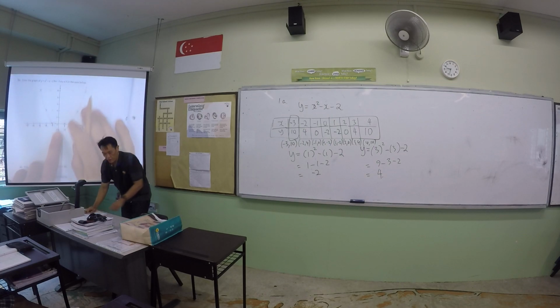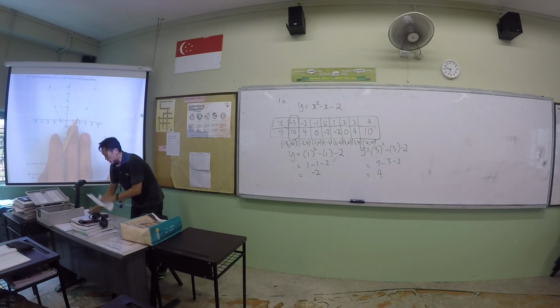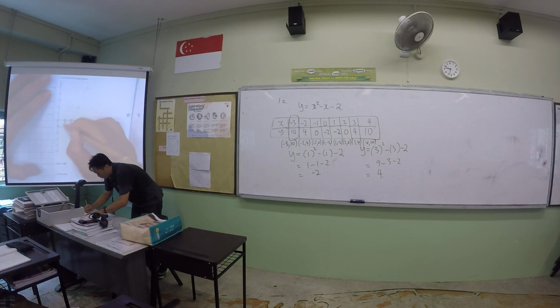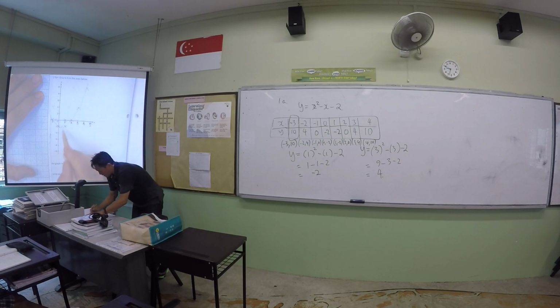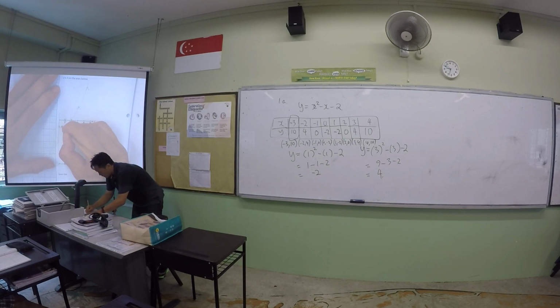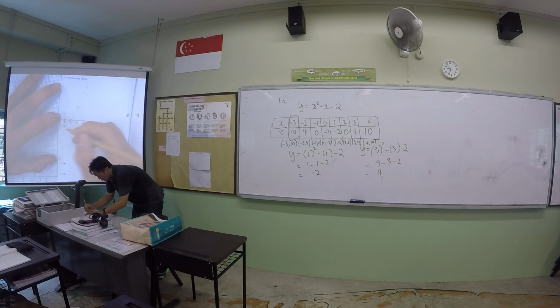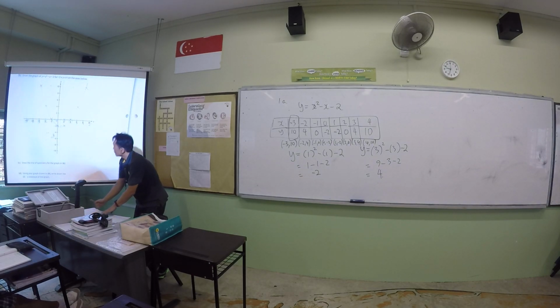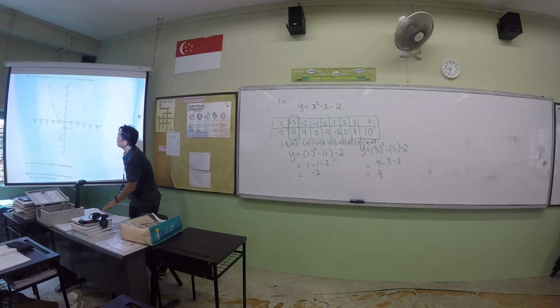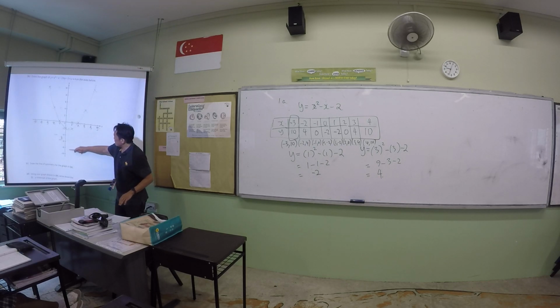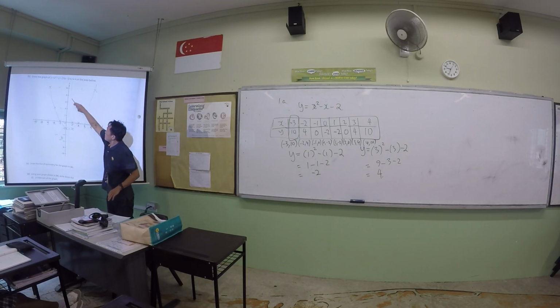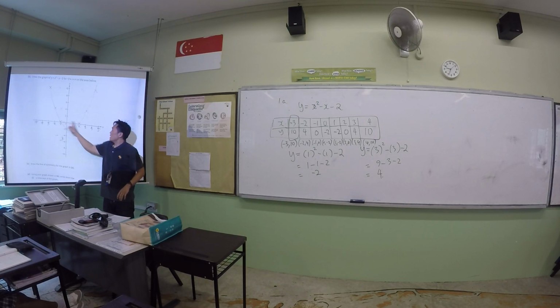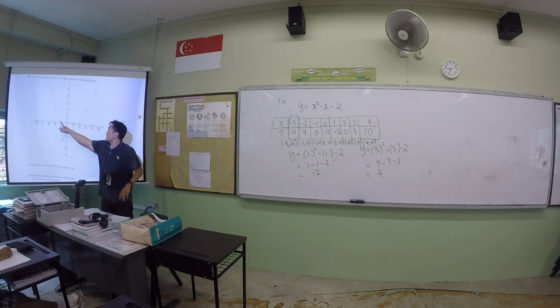So you can draw your line of symmetry, a straight line going exactly in between, going straight up. Okay, this will be your line of symmetry. Every point is reflected about this line.